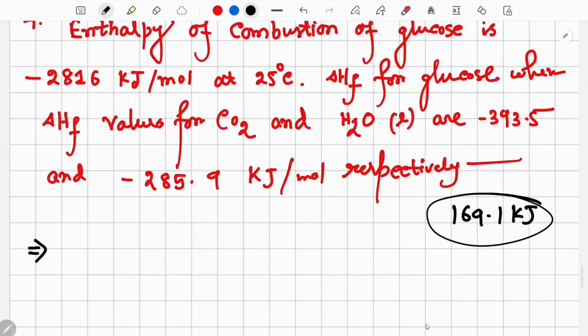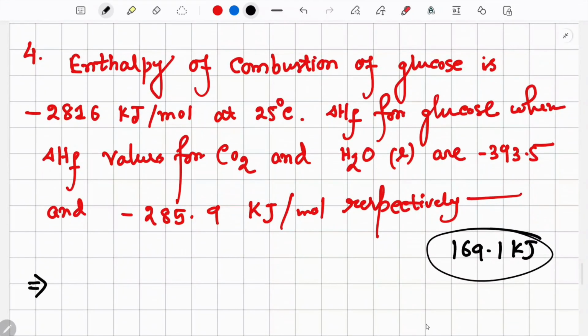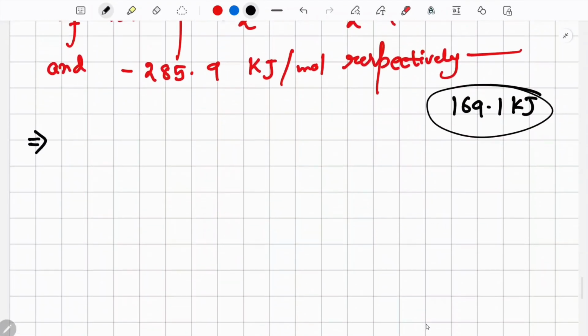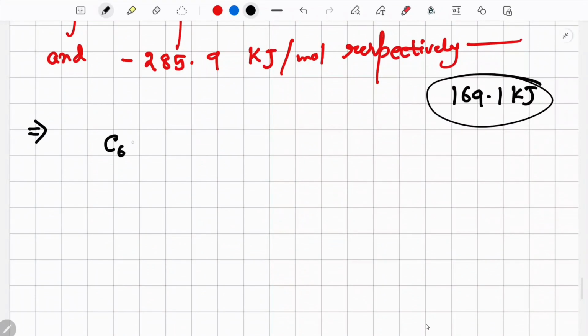What are the given data? Enthalpy of combustion of glucose. What is the formula of glucose? C6H12O6. So heat of combustion: C6H12O6 plus 6O2 gives 6CO2 plus 6H2O.